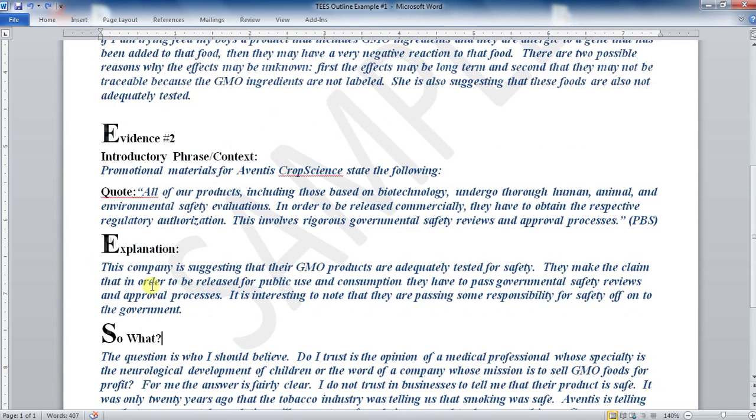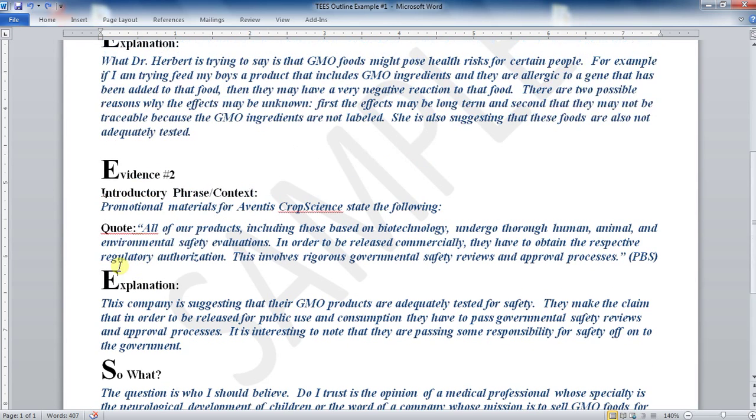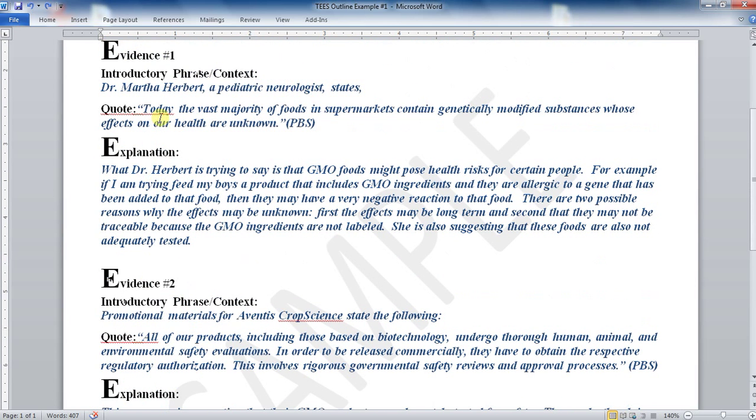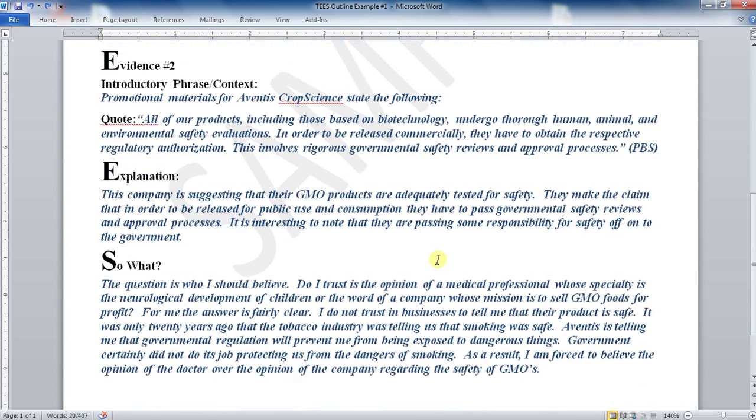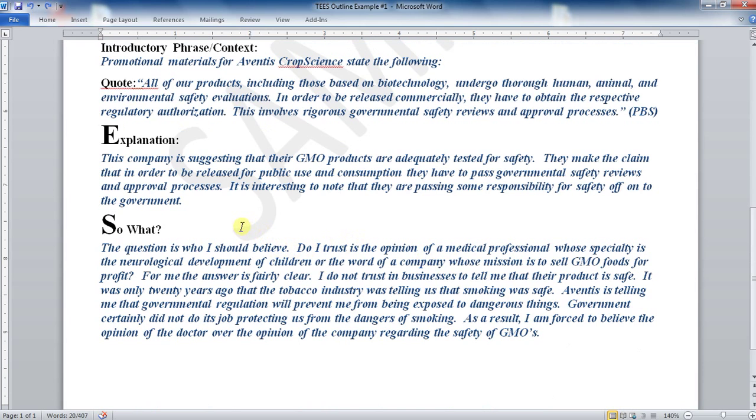This is where I synthesize my first piece of evidence from Dr. Herbert and my second piece of evidence from Adventist, and I explain how they together support the main idea of this paragraph. I synthesize them, put them together, and discuss them collectively. What larger idea do they suggest? And so this is what I came up with.